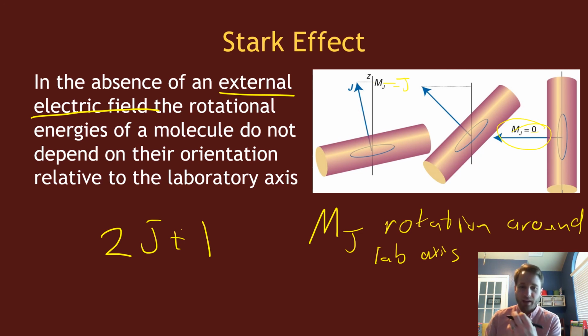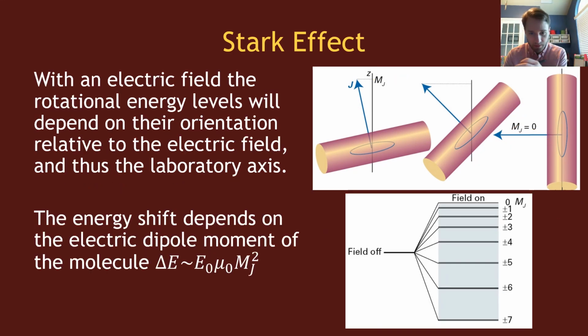And so that is going to change the energy of this molecule when it is oriented differently with respect to the laboratory axis. The effect this has, shown in this energy diagram in the bottom right, is that when you have the field off, you have a bunch of degenerate levels, and then when the field is on, these energy levels get split into a bunch of different energy levels.